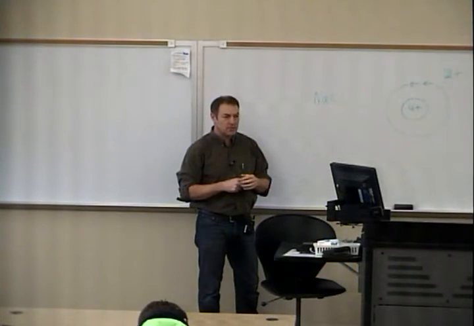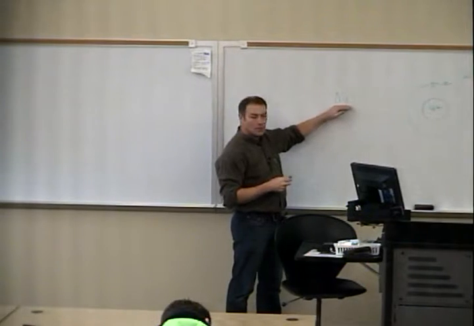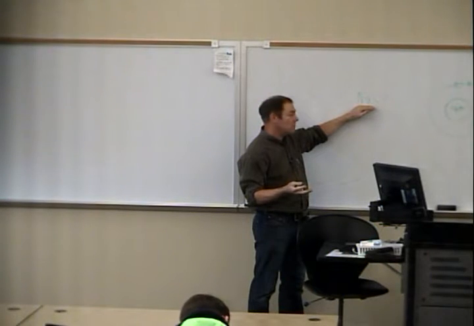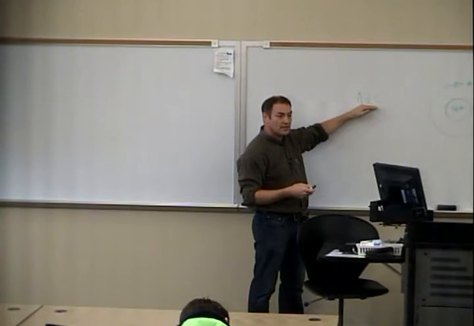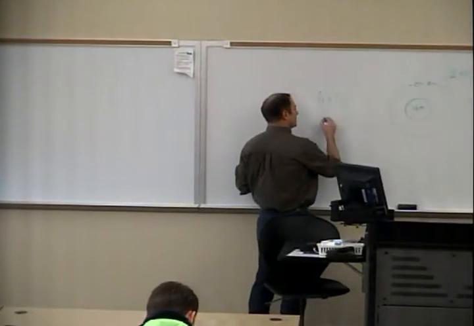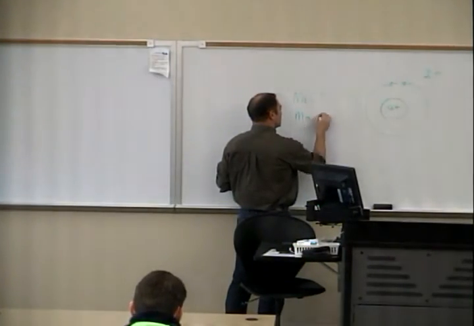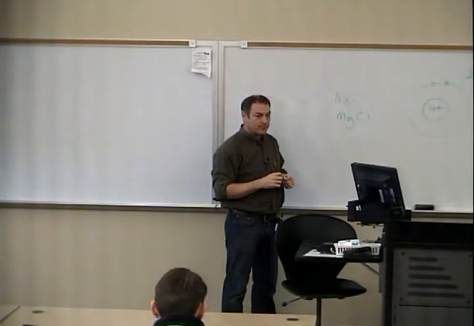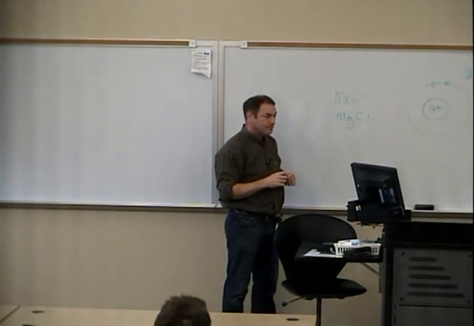Okay? Good? We just call those substances salts. But through common use, we've used the word salt to refer to sodium chloride. But we could have magnesium chloride. That's a salt. Okay? It's just a substance formed by ionic bonds.